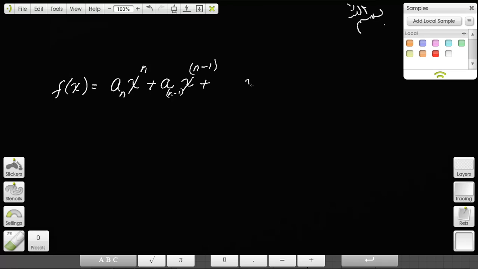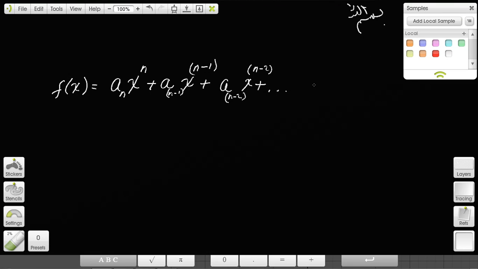Plus the next term is going to be x to the n minus 2, and the coefficient, you can call it a sub n minus 2. You could use b, you could use c, but you're going to use one alphabet, because if you start using different alphabets, you're going to run out of alphabets pretty soon if you're dealing with polynomials, right?